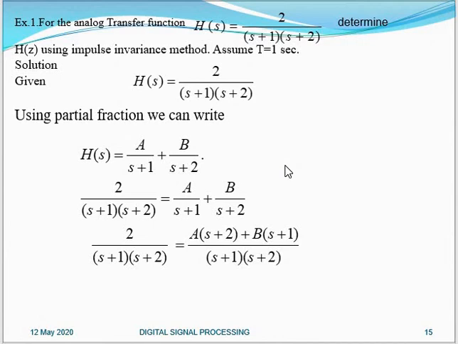Then the left side is nothing but H(s), that is 2 by (s plus 1) into (s plus 2). If we simplify this part, it becomes (s plus 1)(s plus 2), A into (s plus 2) plus B into (s plus 1).